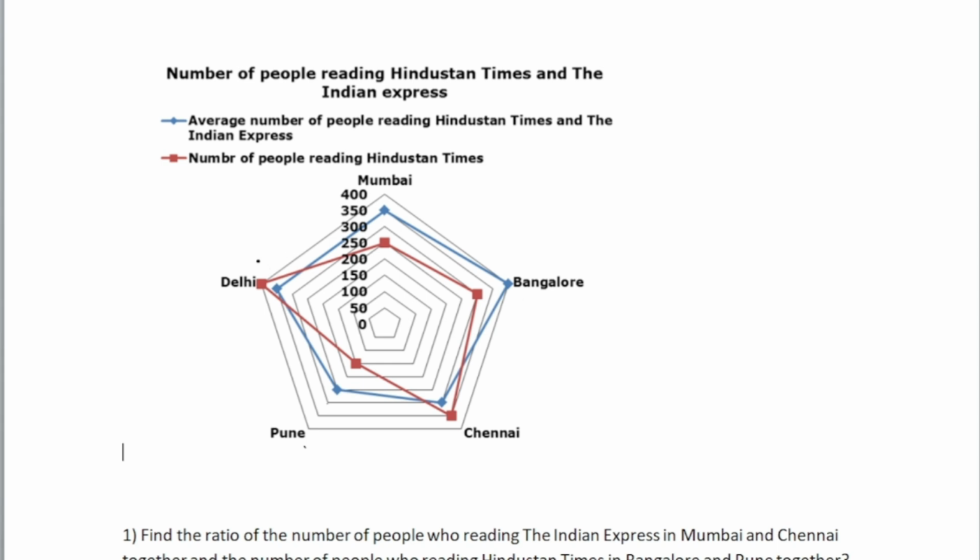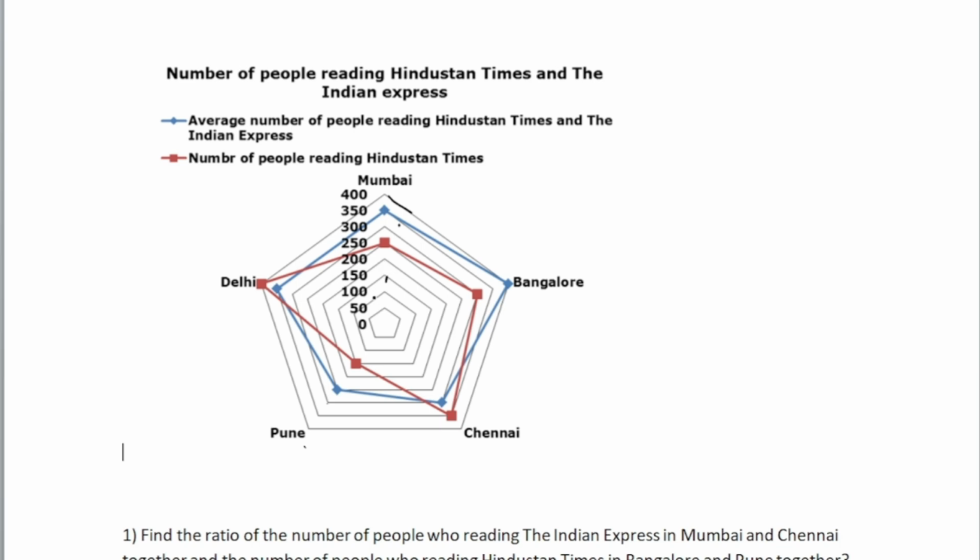So in a radar graph, this outer line represents 400, and the second line represents 350. The third line represents 300. The fourth line represents 250. This is 200.